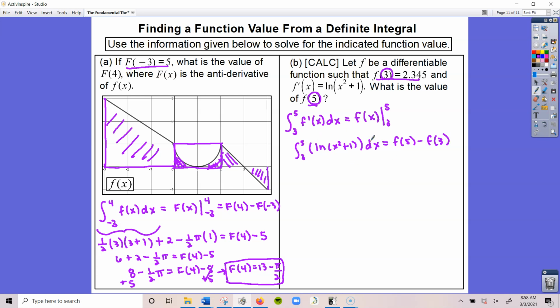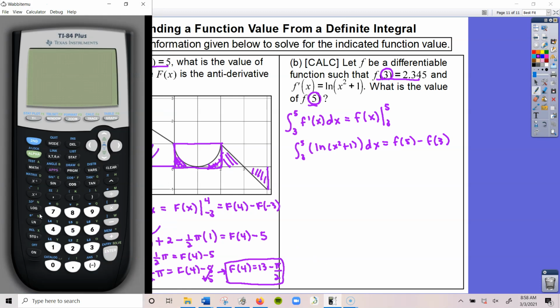So remember, the calculator does this. I can go to my calculator here. I'm going to go to my y equals, I'm going to clear this out and put in this function. So ln of x squared plus 1, enter. Let's graph. Now we are going to integrate.